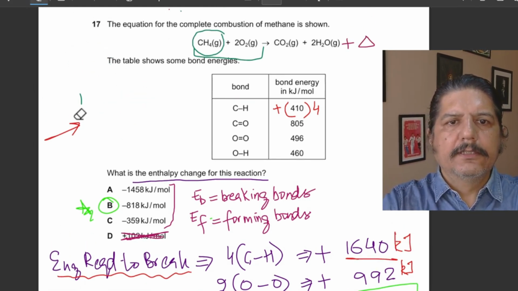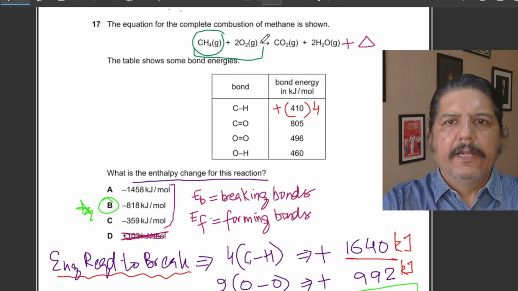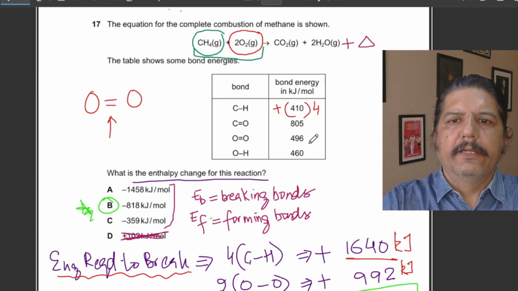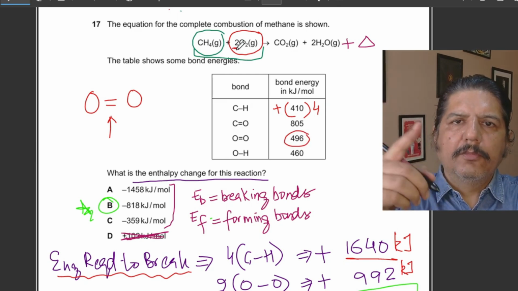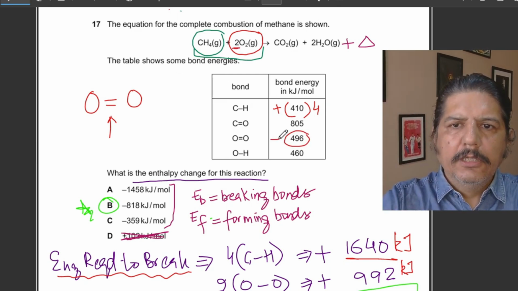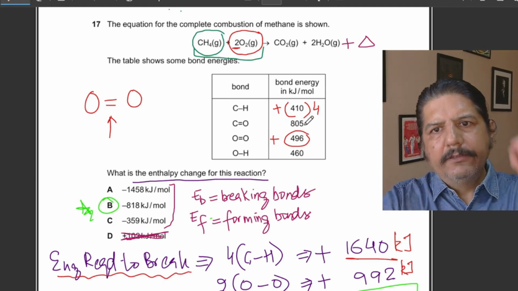Now let us look at the next reactant where we need to break bonds. This is a bond that I'll need to break, this OO bond. It is mentioned here. Now, if you see, there are 2 moles of oxygen molecules that I have to break. So I'll have to give energy.